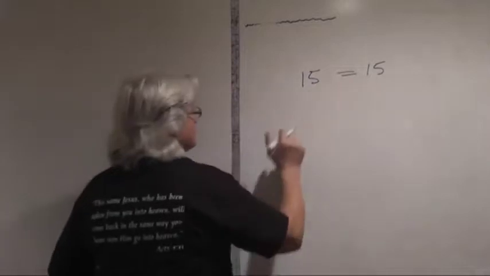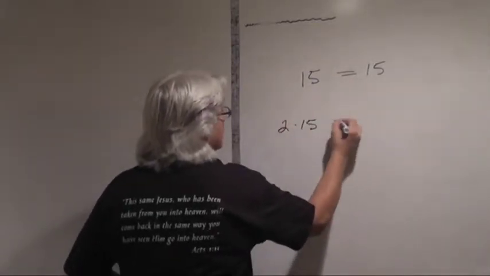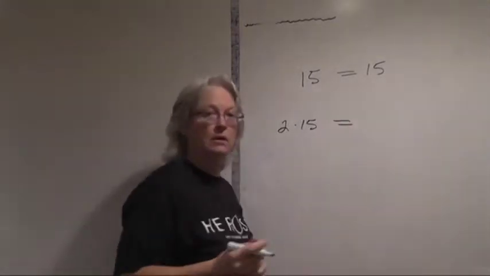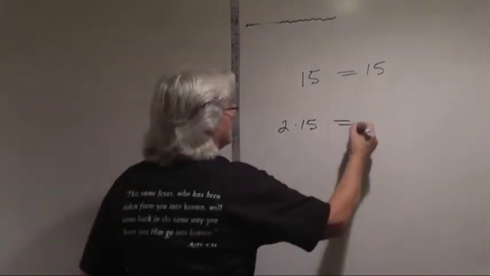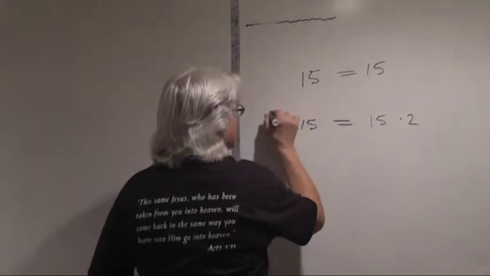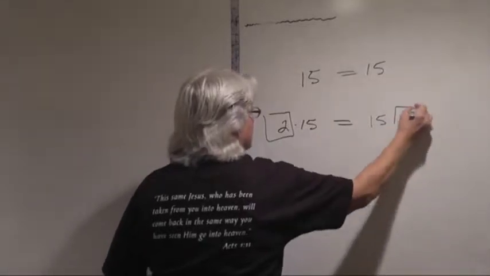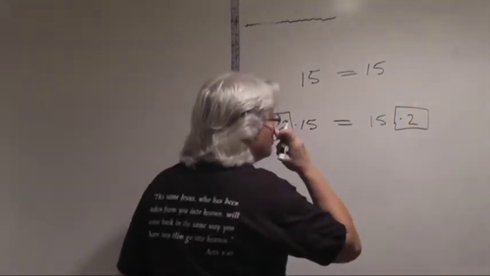So let's say I'm going to multiply the left-hand side of the equation by 15. In order to keep it balanced, what do I have to do? I have to do exactly the same thing that I did to the other side. We multiplied it by 2.